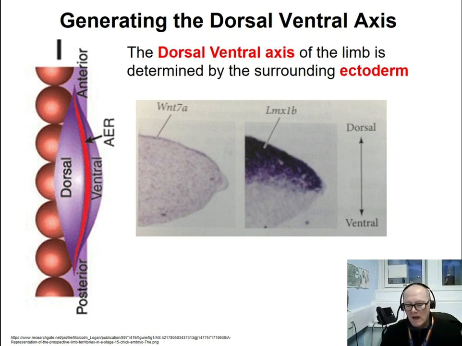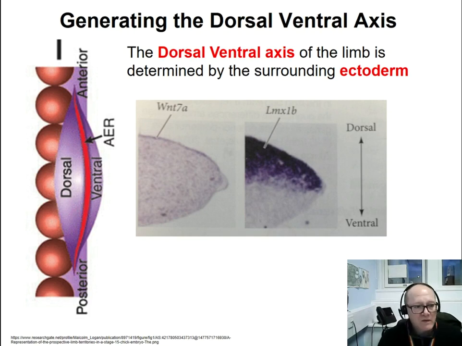Now, how the dorsal-ventral axis is determined depends on the surrounding ectoderm. So it is the ectoderm surrounding the limb that is defining the ventral and dorsal portions of the limb. Now how is this happening?